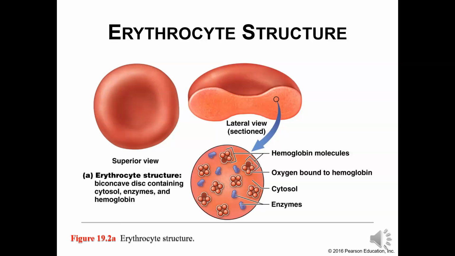So here's your red blood cell shape, your erythrocyte structure, that biconcave disc shape, and these are the hemoglobin molecules within the red blood cell, with various enzymes also scattered in the erythrocyte. The oxygen molecules are the light orange circles that you see here.